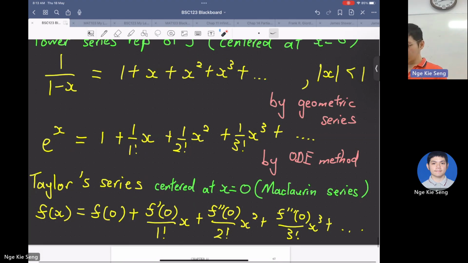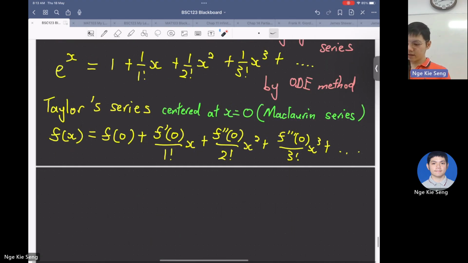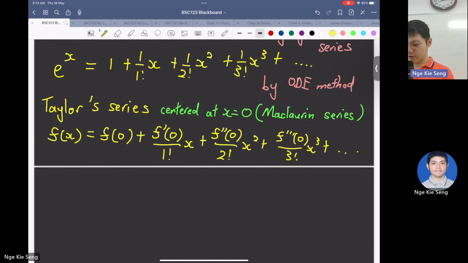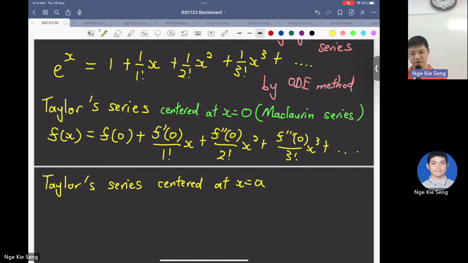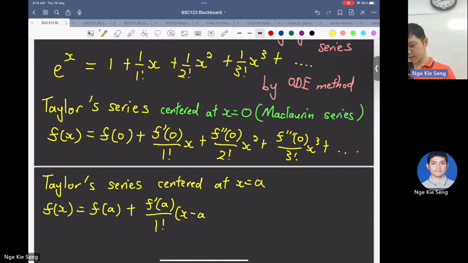So how about the most general Taylor series? Let's see the formula for the Taylor series centered at x equals a. You compute your f(x) at a, then compute your n-th derivative at a, and multiply by the factor x minus a, raised to a power depending on which term you are at.